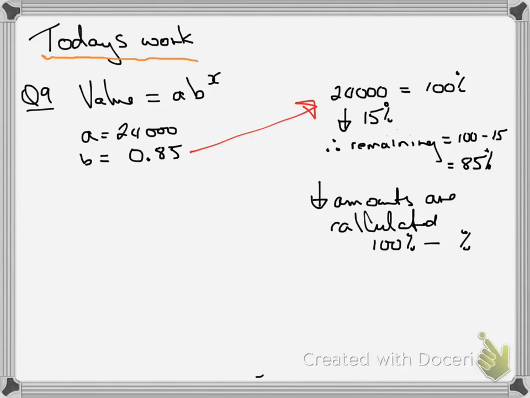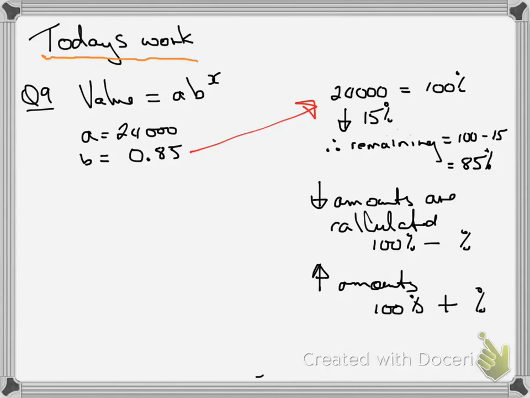And similarly, increasing amounts, which you've done previously, are going to be 100% plus the percentage. So it's all based around, do you add your percentage on or do you subtract it? If you subtract your percentage, you're going to get a decay function. If you add your percentage, you're going to get a growth function.